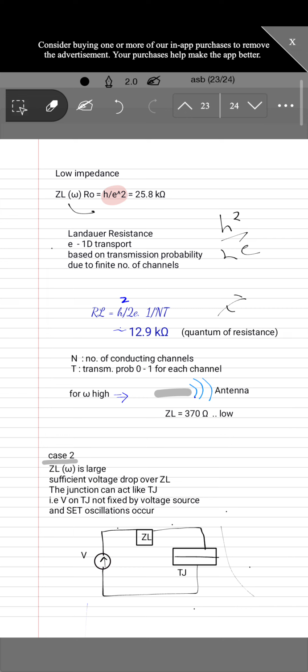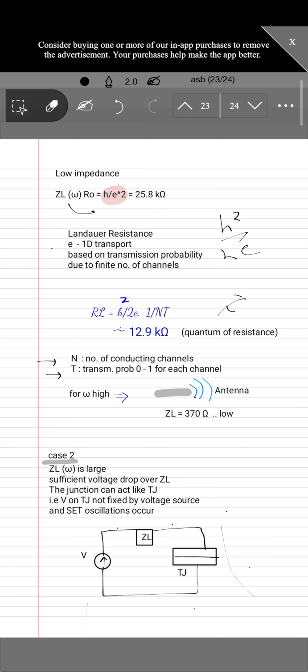And there are two more terms associated with this resistance, that is 1 by nT, where n is the number of conducting channels and T is the probability of transmission. So it is more like the probability of whether the electron will be able to get transmitted or not, rather than the classical resistivity.